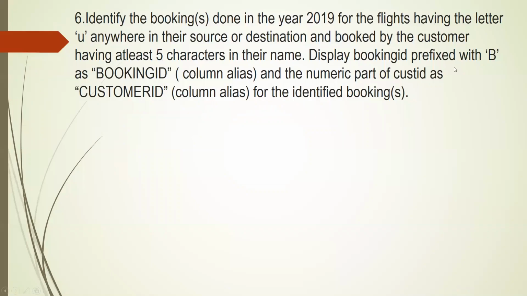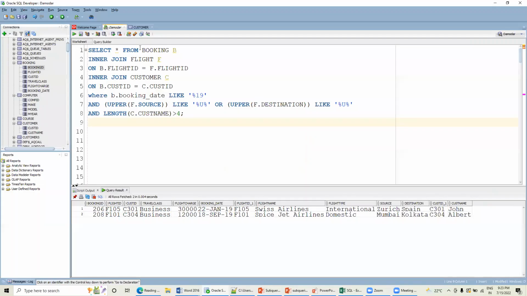Now you go back to my requirement, what I need to display: booking ID prefixed with B as booking ID, and the numeric part of customer ID as customer ID. It means that okay, I have got the booking ID 206, but I need to keep B in front of it.